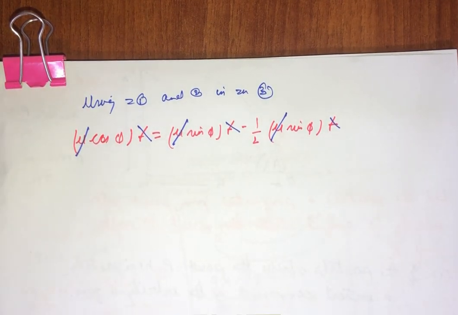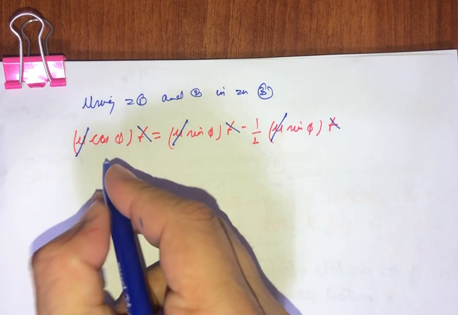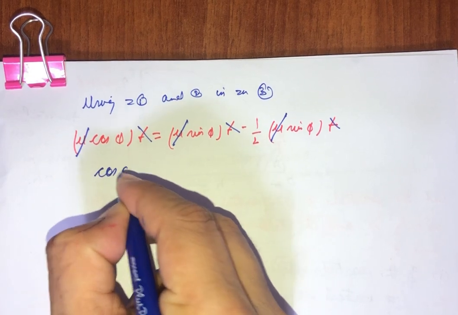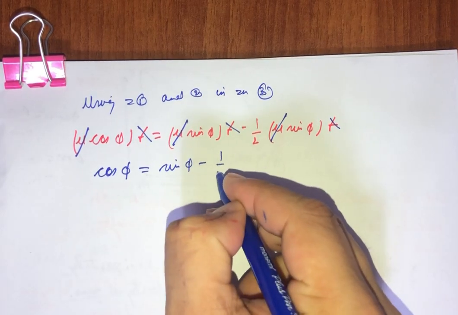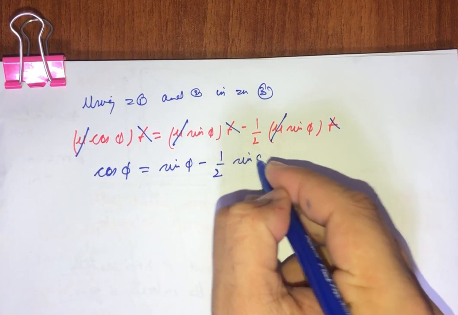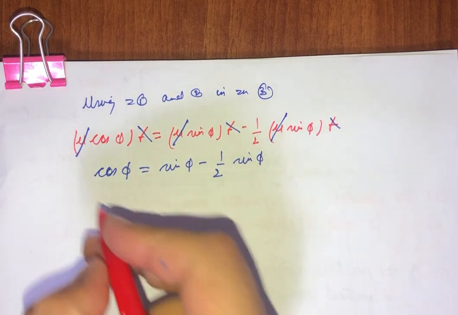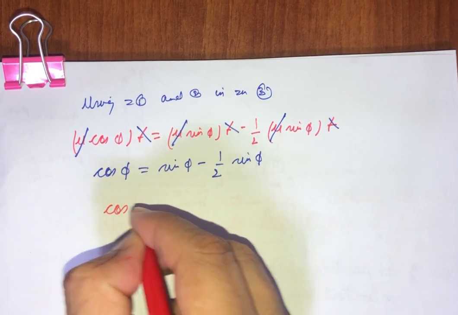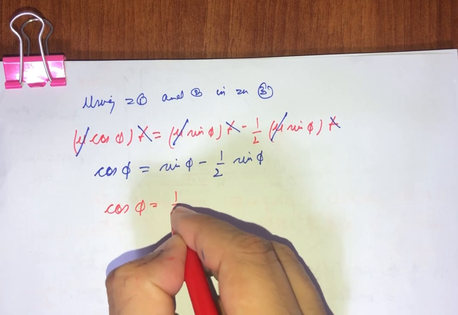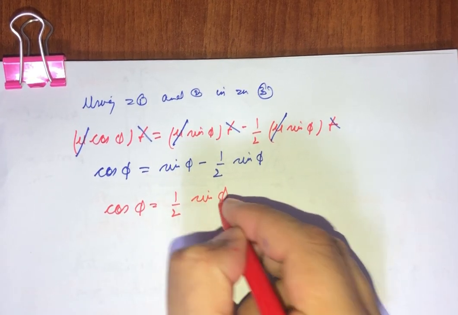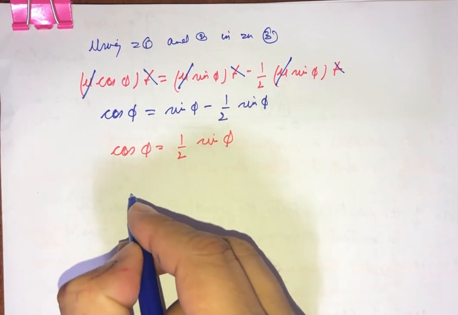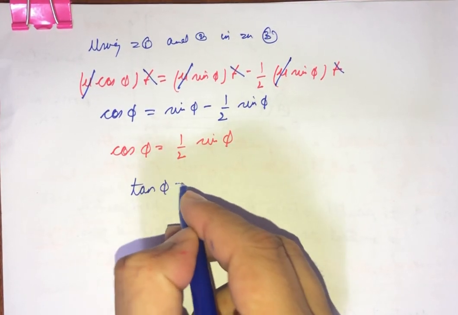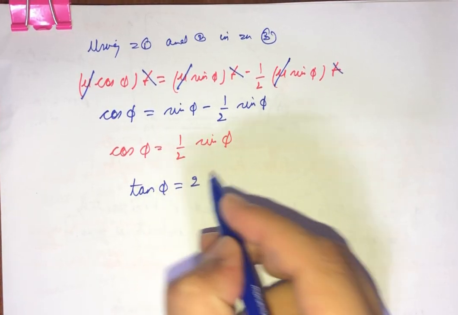So we can write this as cos of phi is equal to sin phi minus half sin phi, and this is going to give us cos of phi is equal to 1/2 sin of phi, and this implies that tangent of phi is equal to 2.